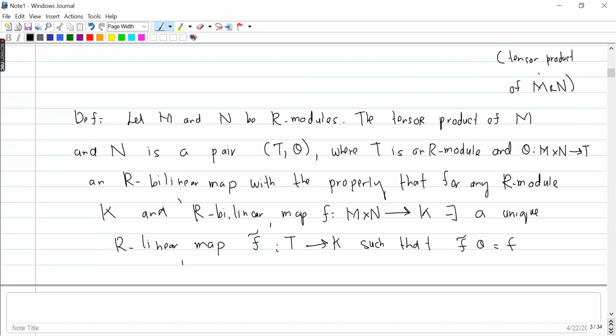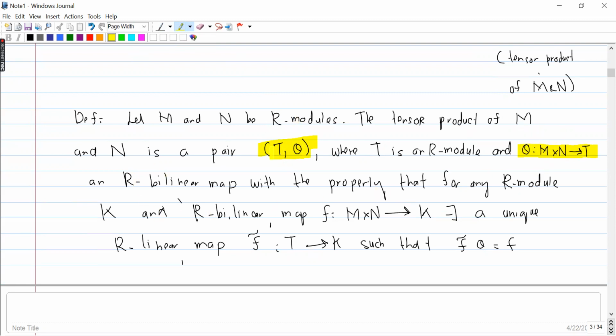So we just know that it is just a pair of an R module T and a bilinear map theta from M cross N to T. We don't know the exact expression of T at this moment, and also we don't know the exact expression of this bilinear map theta.